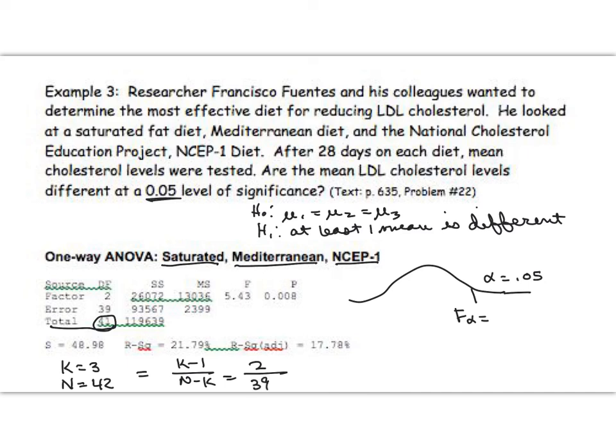So looking down at my table on page A18, I have 25 and I have 50. I don't have a 39, but 39 is 11 away from 50 and 14 away from 25. So I'm going to go with 50 degrees of freedom.